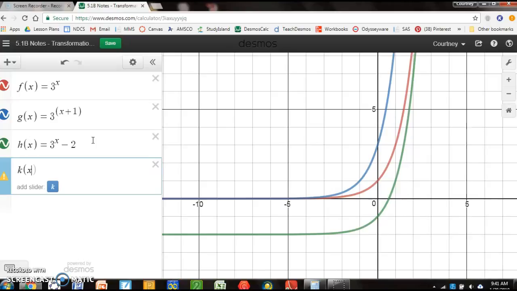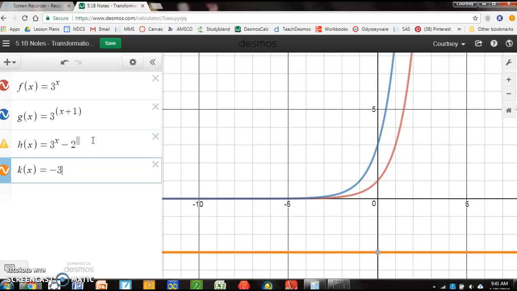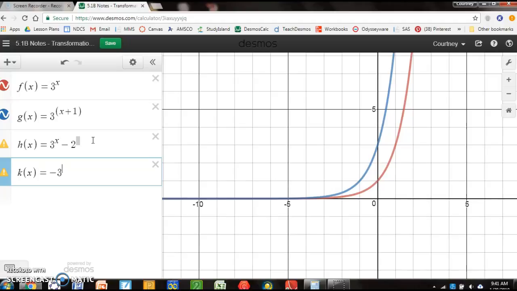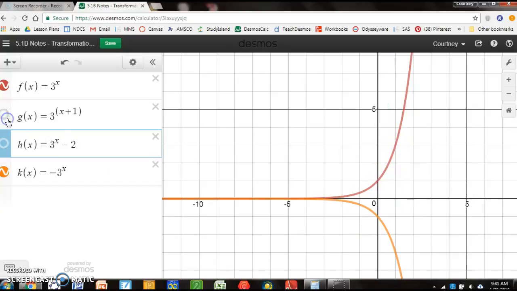K of x, we had the negative 3 raised to the x power. So here you can see that we've taken that and flipped it. So we've taken the red graph, and I'm going to turn off the green and the blue here for a second. So here we've taken the red function and we've split it.